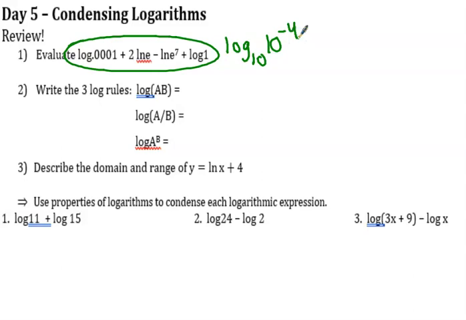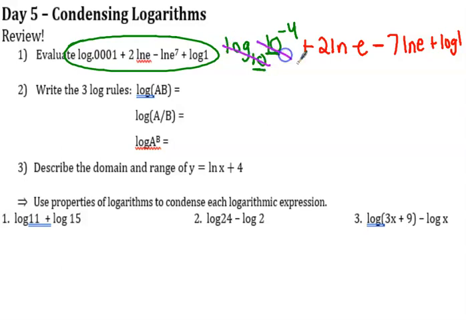So again, I wanted to make it have the base be 10, so then these can cancel out. Then I have plus 2 ln e, well, that can cancel, minus 7 ln e, plus log of 1. So we're going to see what can we cancel out and go from there.